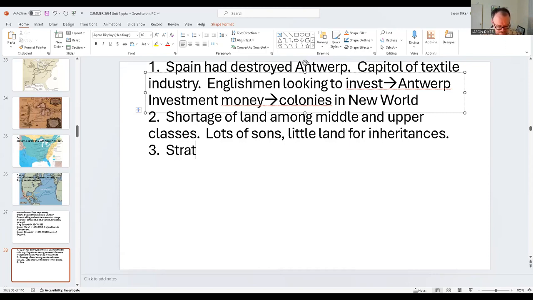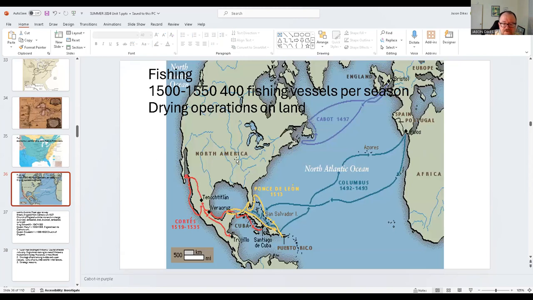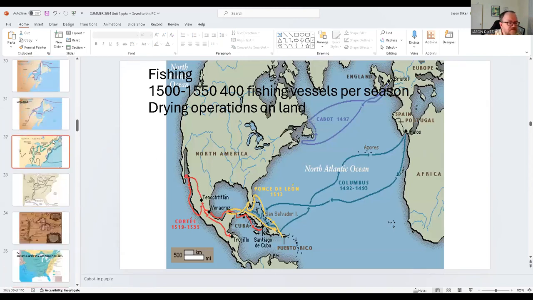Third, strategic reasons. England is, of course, an island. Let me find a different map.